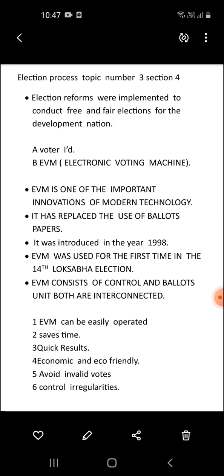Basically, there were two important election reforms. One is voter ID, that is voter identity card, and the second one is the electronic voting machine.